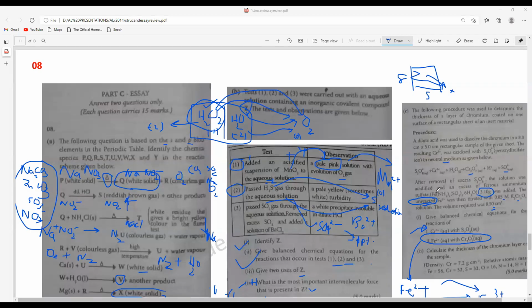3.10 gram. So you can calculate the molecular weight of this. For that, they have given the molecular masses here. So you can calculate how much ferrous ammonium sulfate is here. 3.1 gram. I will just calculate the values, so it will be very easy for this. So the molecular weight is 392 gram per mole, and 3.1 you can divide by 392.